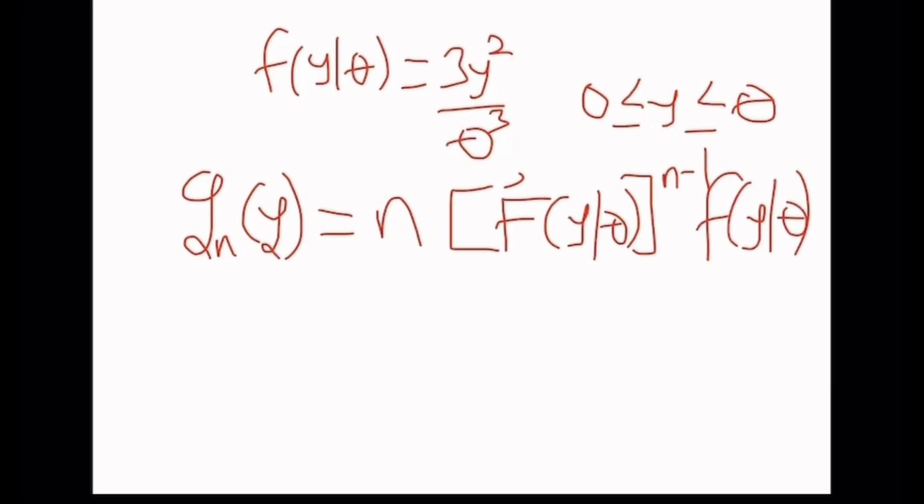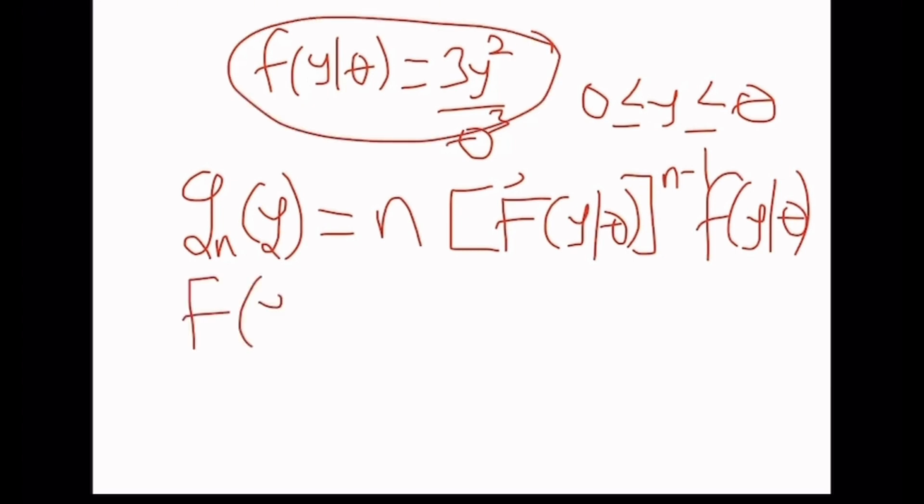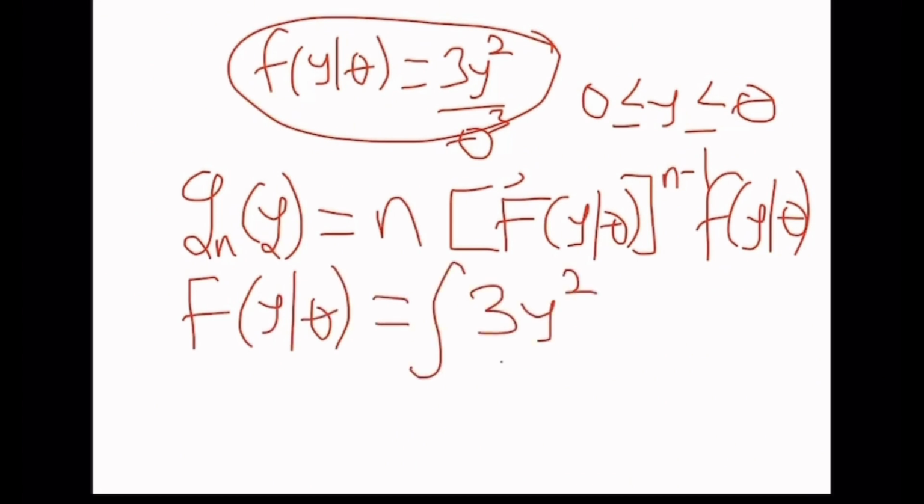Now I need a CDF of this. So the CDF, I need to integrate that. I'm actually going to go from negative infinity, but when you take a look at the state space, it starts at 0, so I'm going to go from 0 to y.